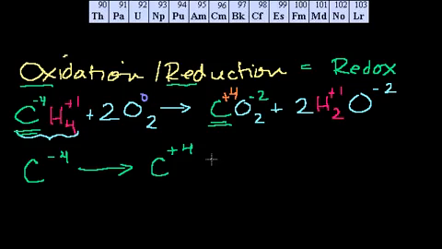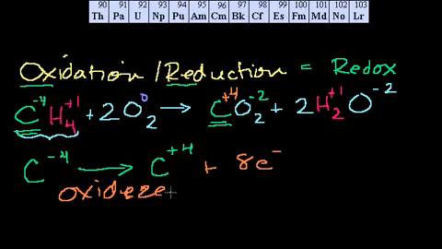So what's happened to carbon? Has it been oxidized or reduced? Its charge has gone up, so it hasn't been reduced. Or the other way is that you can say its electrons have been taken away from it, so it has been oxidized. Carbon has oxidized.